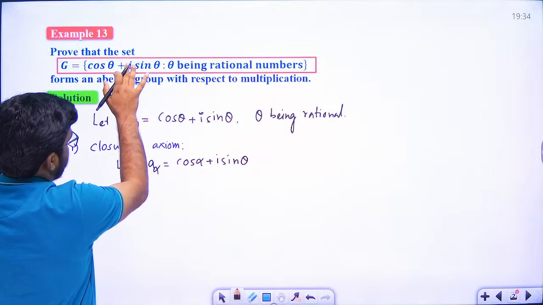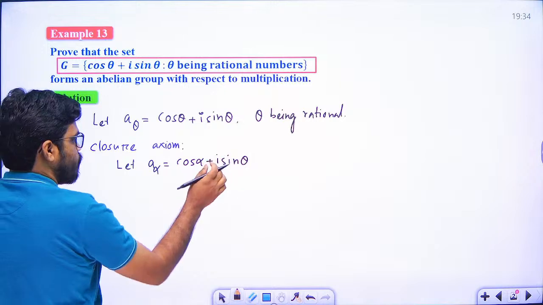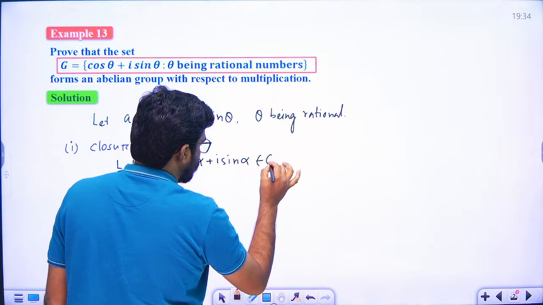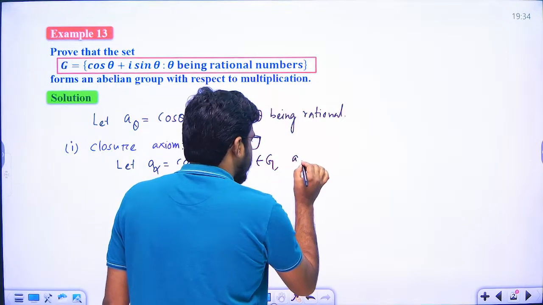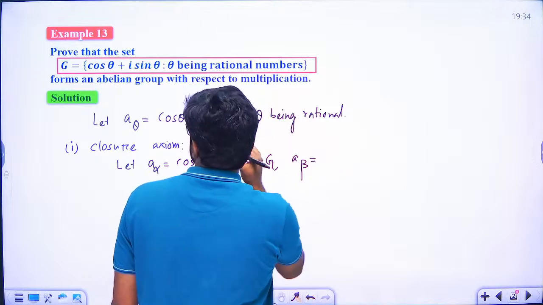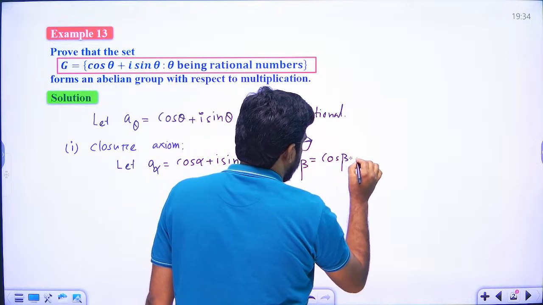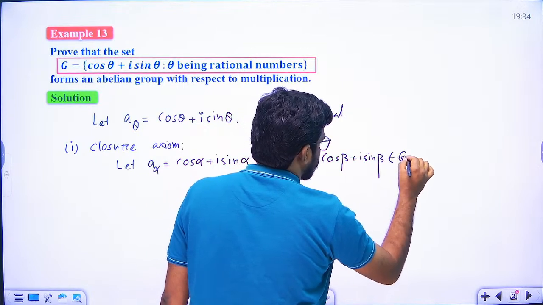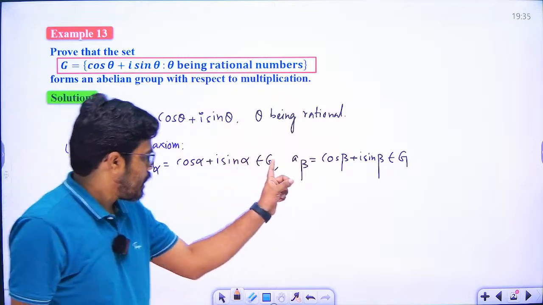So this belongs to G, right? And we consider another element, suppose a beta, which is cos beta plus i sin beta. So this belongs to G.